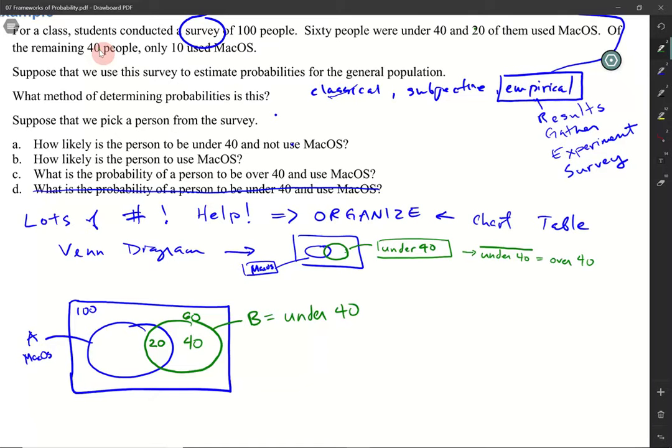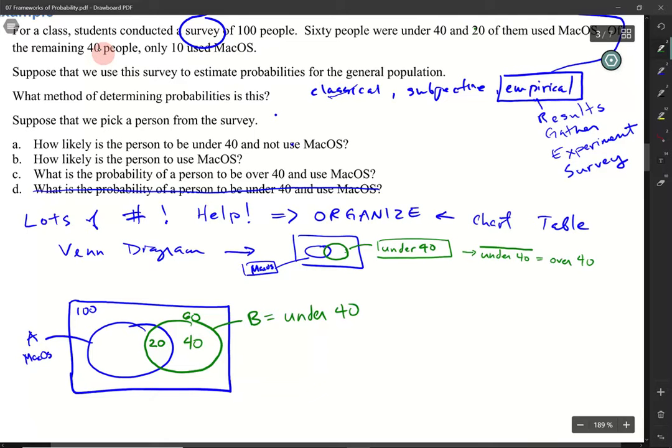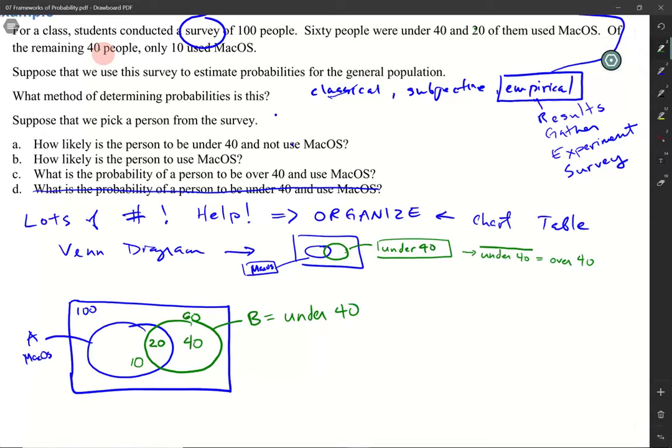Somehow MacOS, we have to have, of these remaining people, some use Mac. 10 use Mac, and then there are 30 outside.